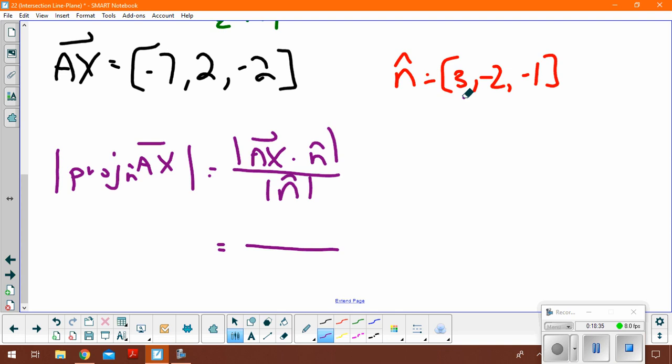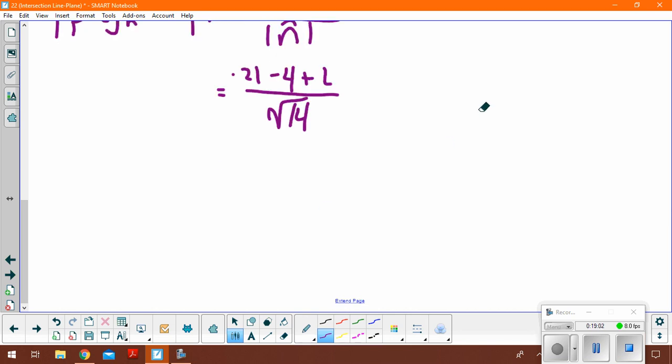That's going to be 9 plus 4 plus 1, so that's going to be square root of 14 on the bottom. And the dot product, let's see, I've got -7 times 3, so -21, plus 2 times -2 is -4, so -4, -2 times -1 is plus 2. That gives me, oh, I need magnitude here as well. So it's -23, so 23 over the square root of 14.